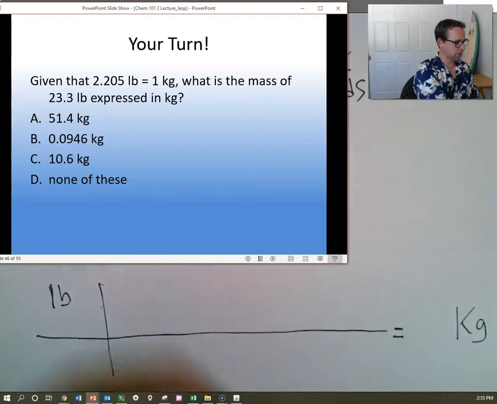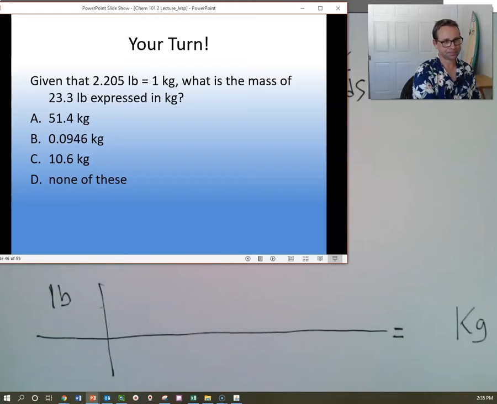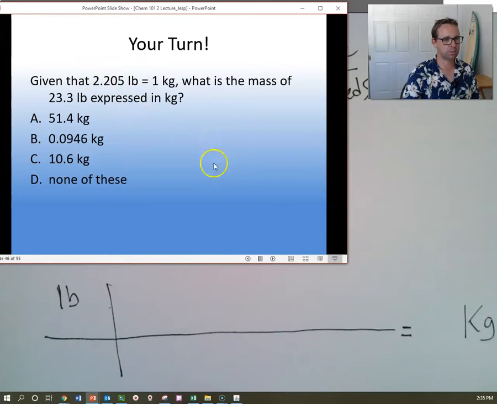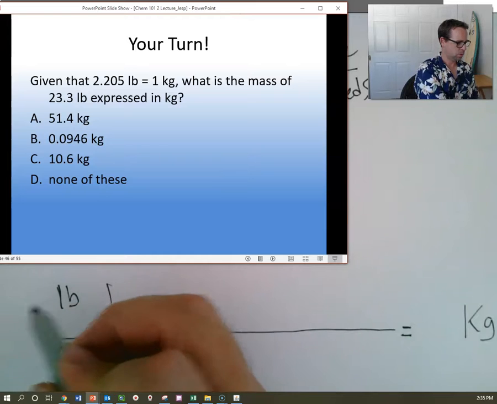Well, we could. Well, wait. Yeah, I guess we could. But the problem would be if pounds were going to be on top, we'd have to get to kilograms somehow, right? We should probably start with what, instead of the 2.205? Yeah, go with the 1 kilogram.